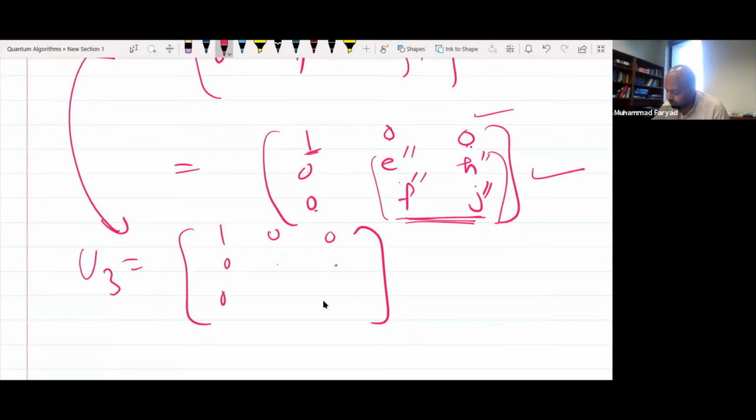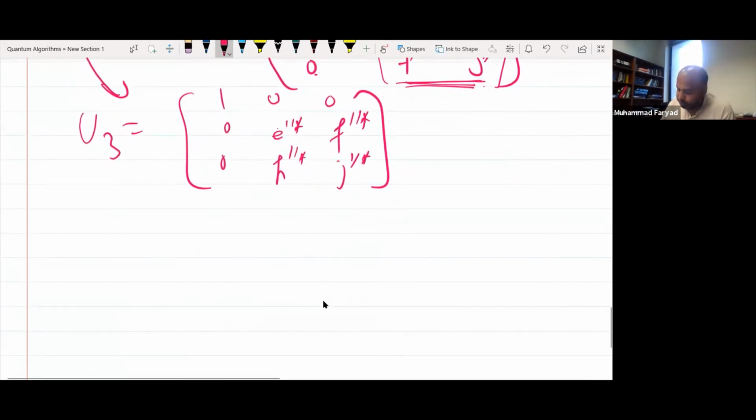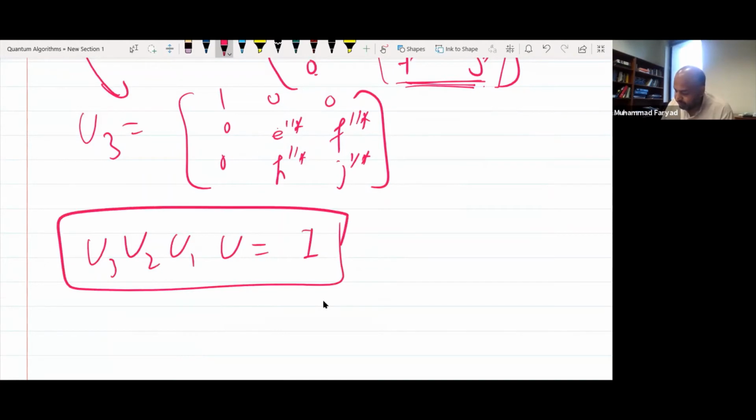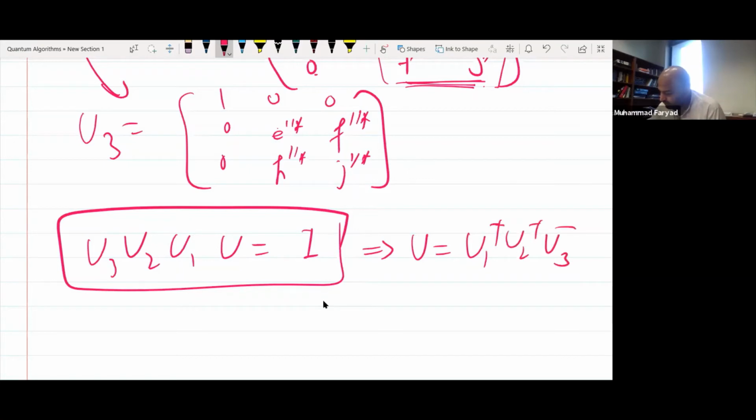So all we need to do is put its dagger over here, and this would automatically become its inverse, which means that now u3 u2 u1 u will give an identity matrix. And from here we can see that u is u1 dagger, u2 dagger, u3 dagger.